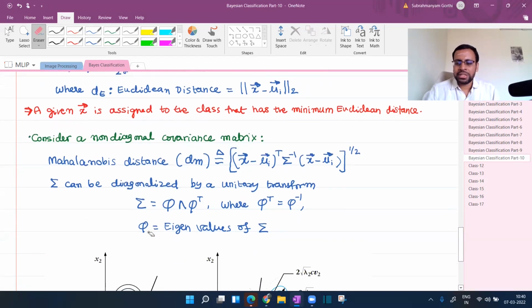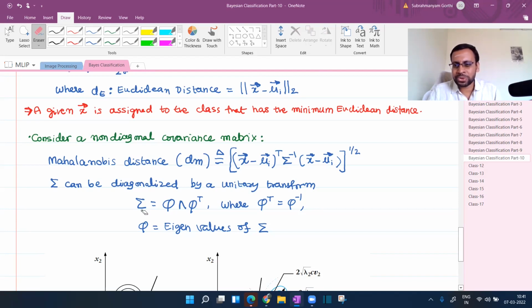Well, it is a non-diagonal matrix, but also remember, it is a symmetric non-diagonal matrix. If you remember the off-diagonal elements, they are the same, okay? Sigma ij equal to sigma ji. So based on that, what you could do is, sigma is an L cross L matrix. You need to take inverse of it.